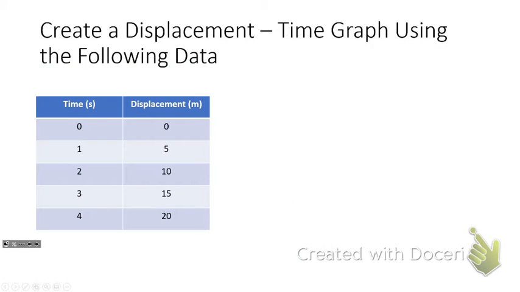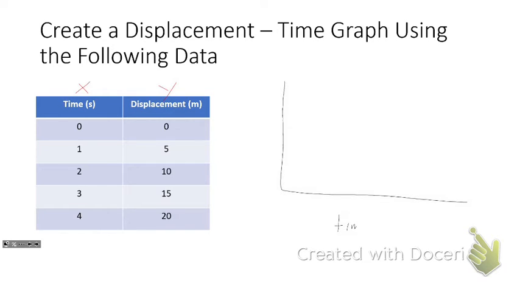Okay, so now you guys can take this table of values and we're going to make a graph from it, okay? So time is going to go on the x-axis and displacement is going to go on the y-axis. So start plotting these points. Okay. And just before you guys get going and do something that I'm not going to like, we'll start off with our graph, okay?